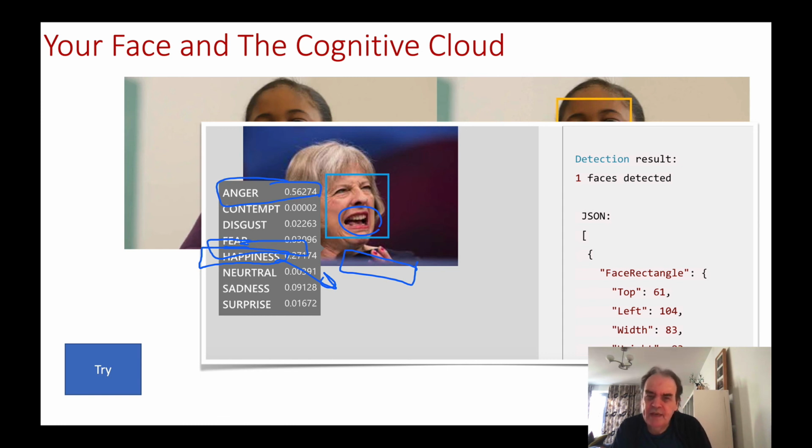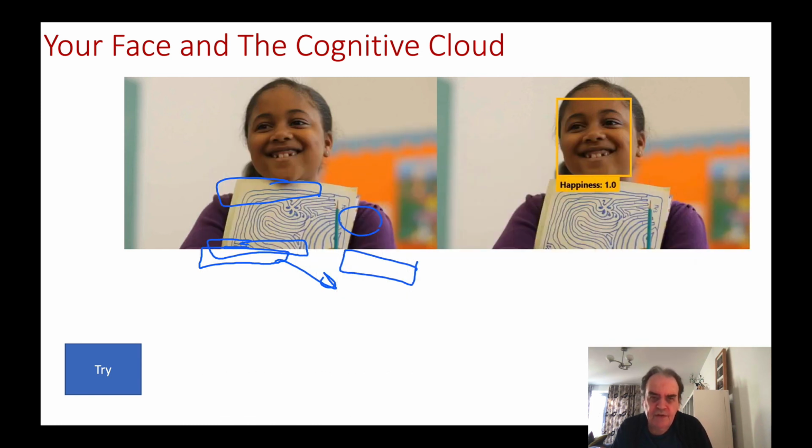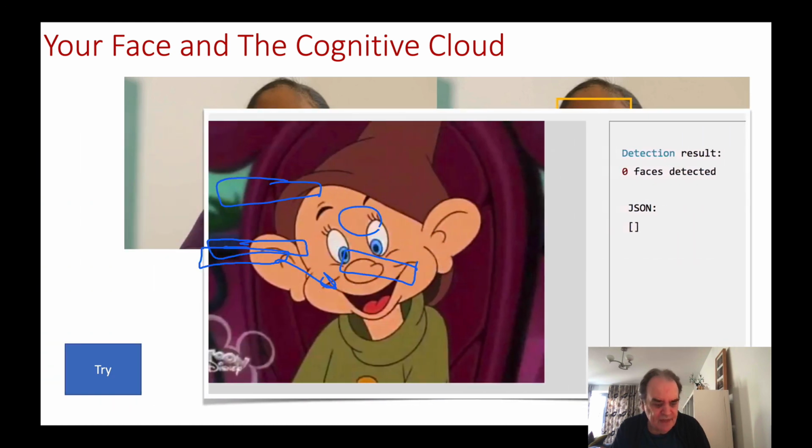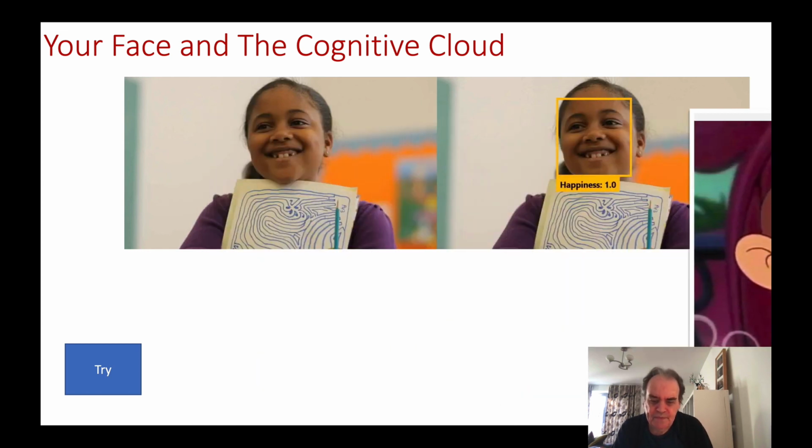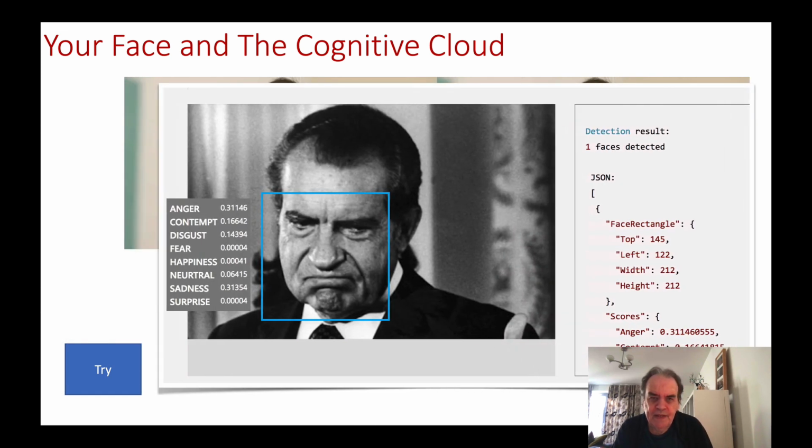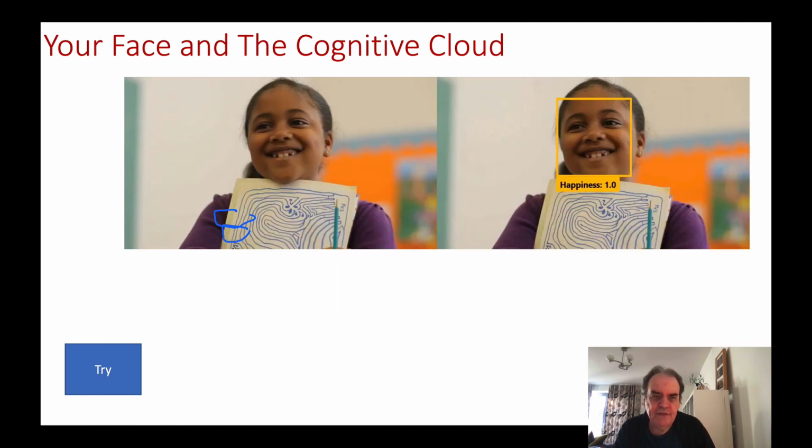So the machine can try to make sense of these images as they come through. And if we give it even a cartoon character, it doesn't detect the face at all. In another one, we can see a little bit of contempt, a little bit of disgust, and so on. So the cognitive machine can try to make sense of these photographs.